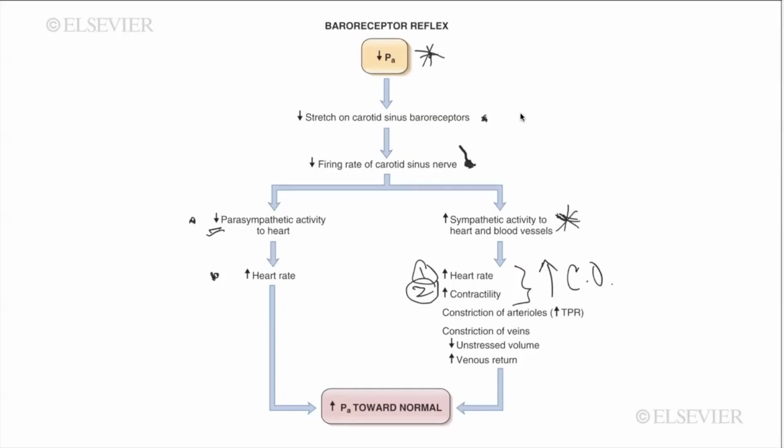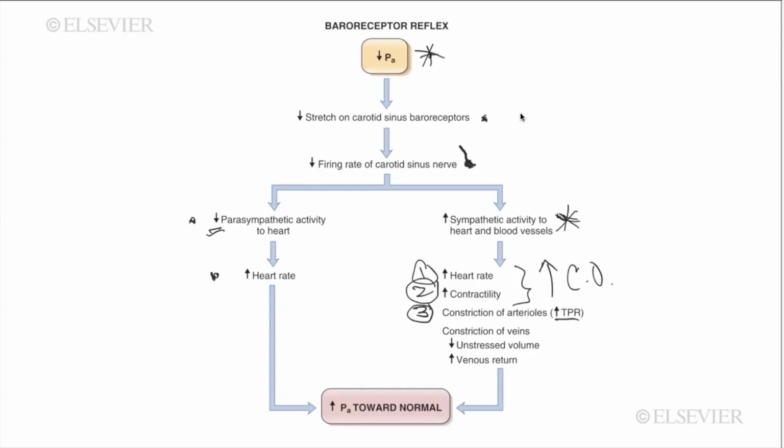The third effect of the increase in sympathetic activity is to constrict arterioles. That arteriolar vasoconstriction is via alpha-1 receptors, and that is going to cause an increase in TPR, total peripheral resistance. By constricting the arterioles, you're holding the blood on the arterial side, holding blood volume in the arteries.